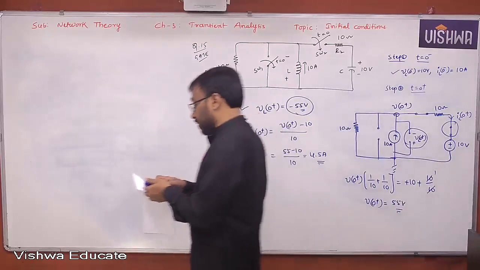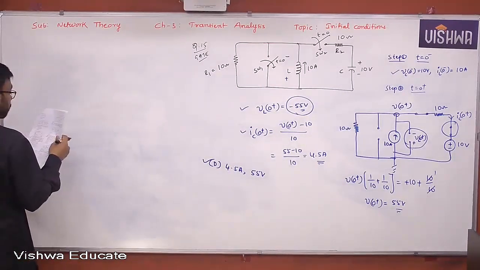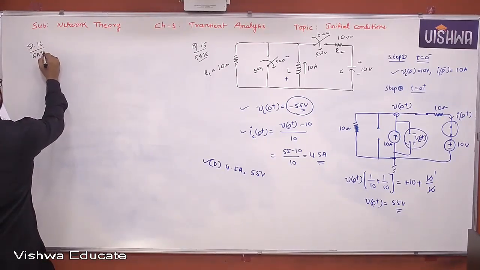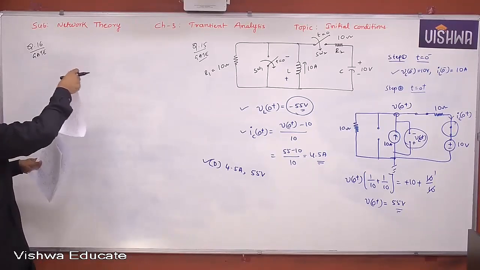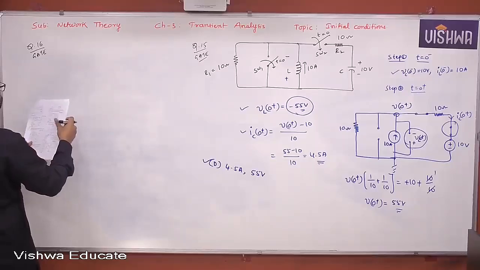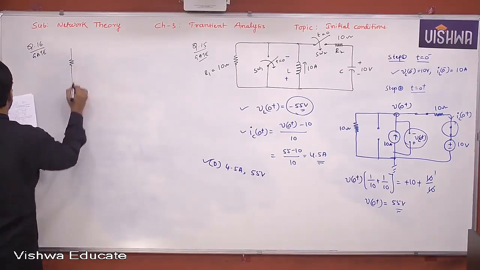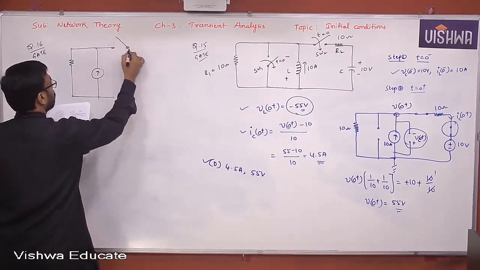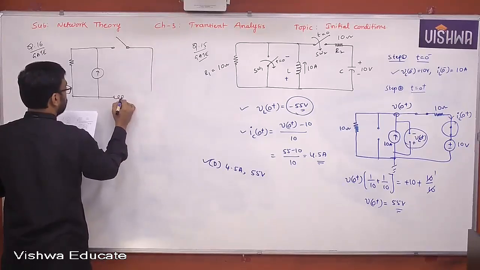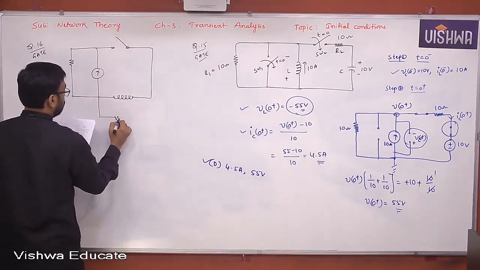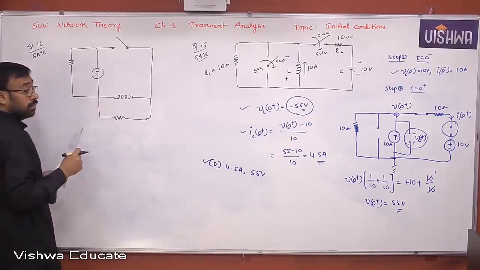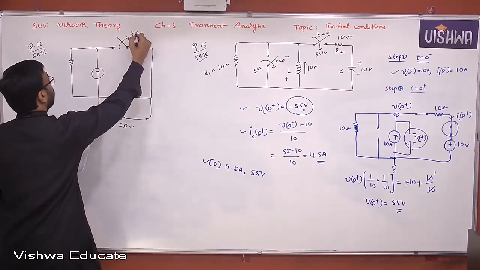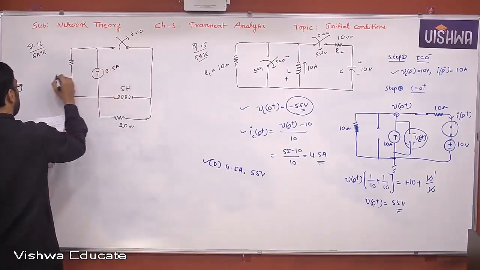Note on that. Meanwhile, I just note down the question here. It was asked in GATE. 20 ohm, 5 Henry, switch is open at T equal to 0, 2.5 ampere, 20 volts, 20 ohm.